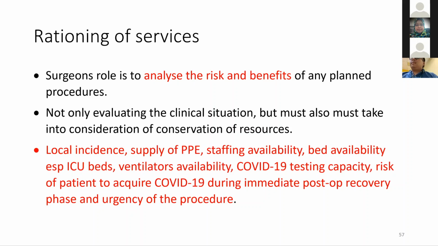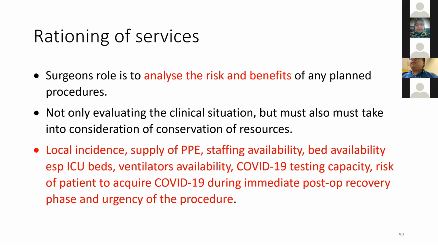It is the surgeon's role, together with the hospital administration, to analyze the risks and benefits of any planned procedure. It is not only to evaluate the clinical situation, but you should also consider the conservation of resources needed to manage COVID-19 cases.